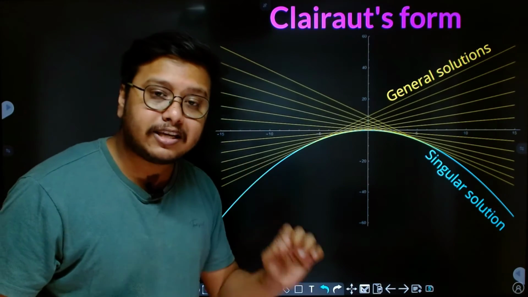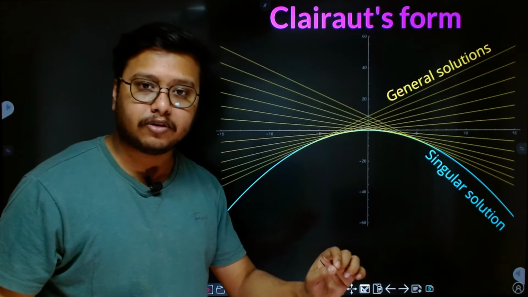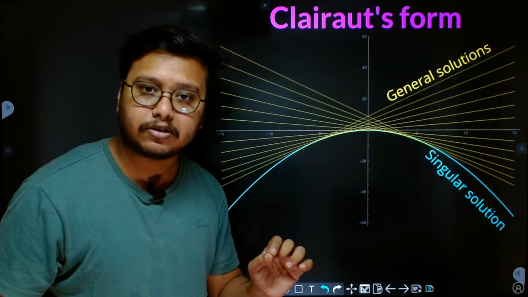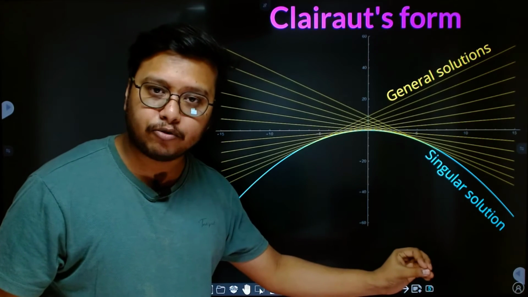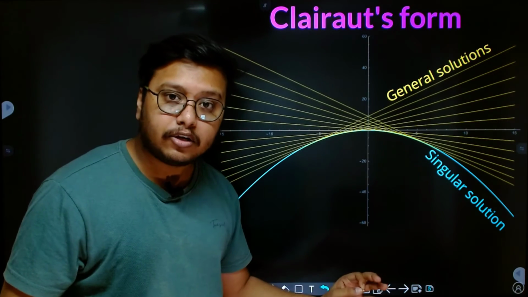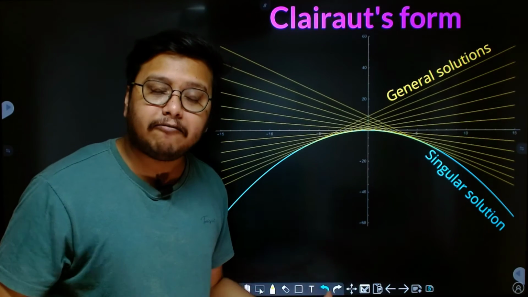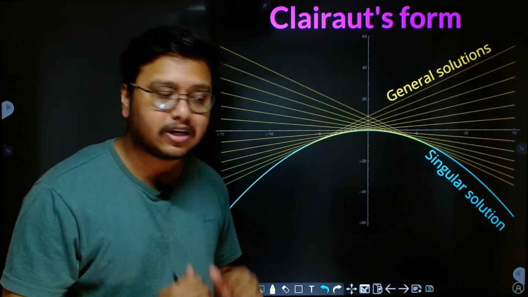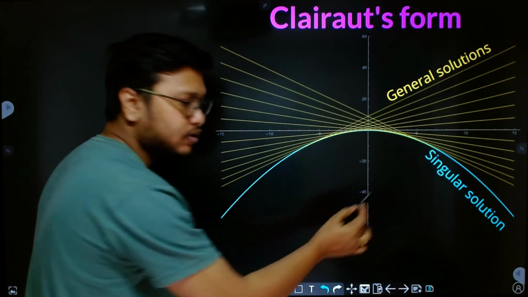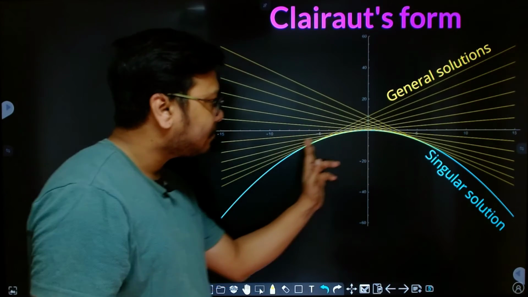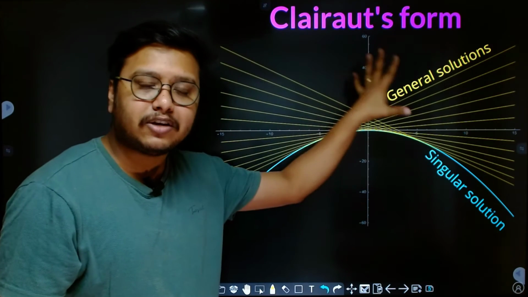Okay. Now singular solution is that particular solution which never arises in the general solution. That means any value of c cannot create that particular solution, but the singular solution is kind of an envelope of the general solution. That means in this diagram, this blue curve, this is the singular solution. We can see it's kind of an envelope of the general solutions.